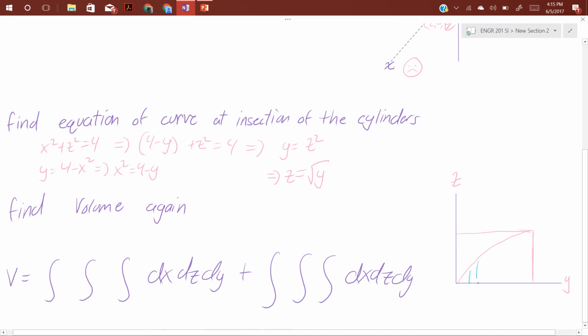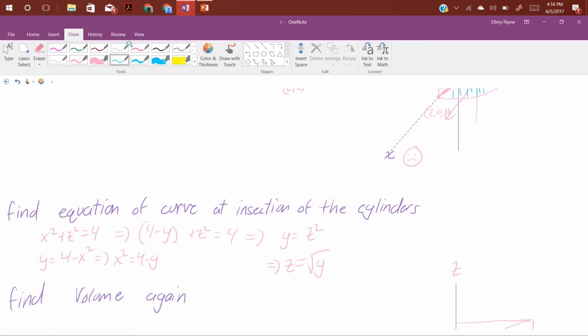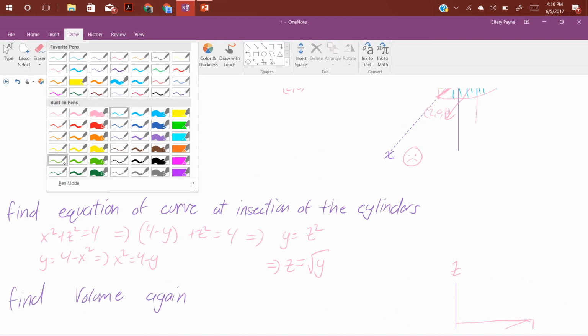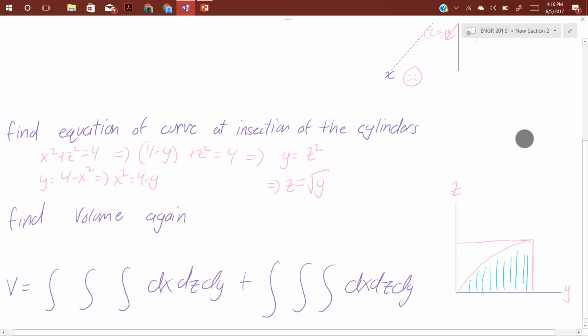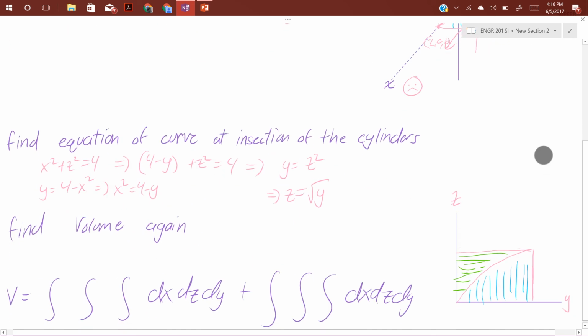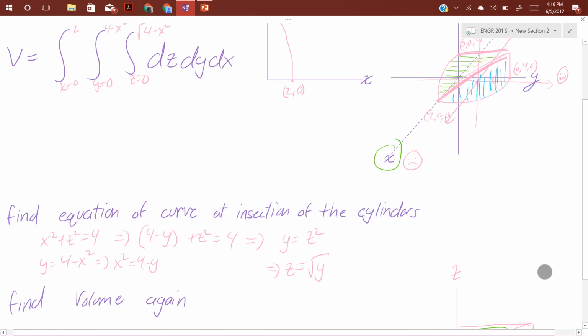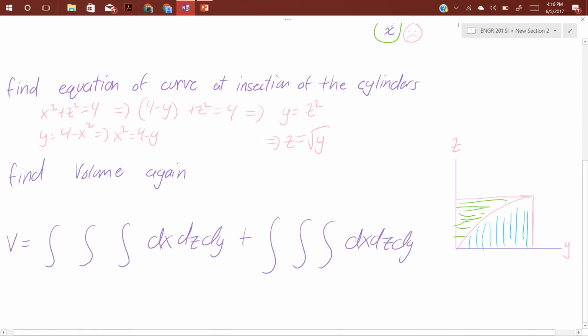So here is the blue plane. And here is the green plane. Alright, see how that matches up? And then we're looking from the x towards the two planes merging.